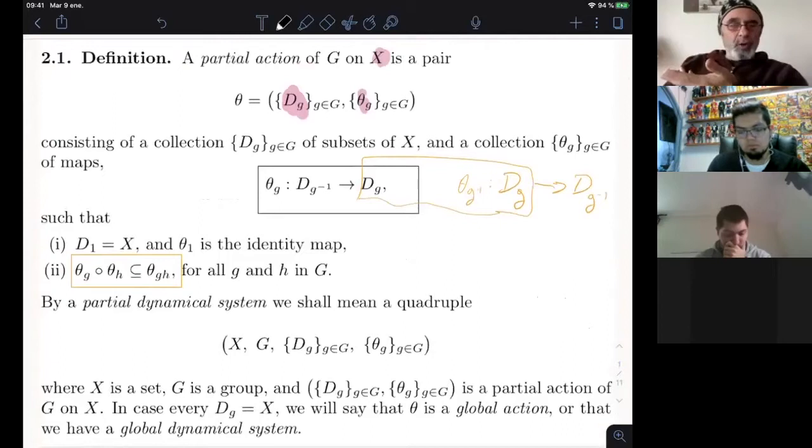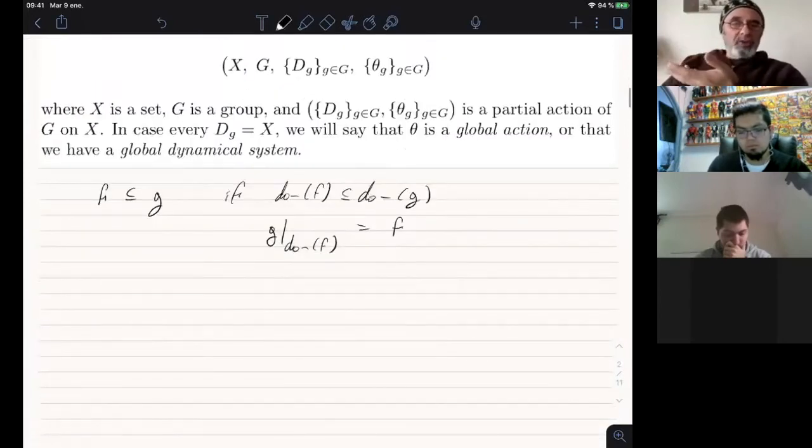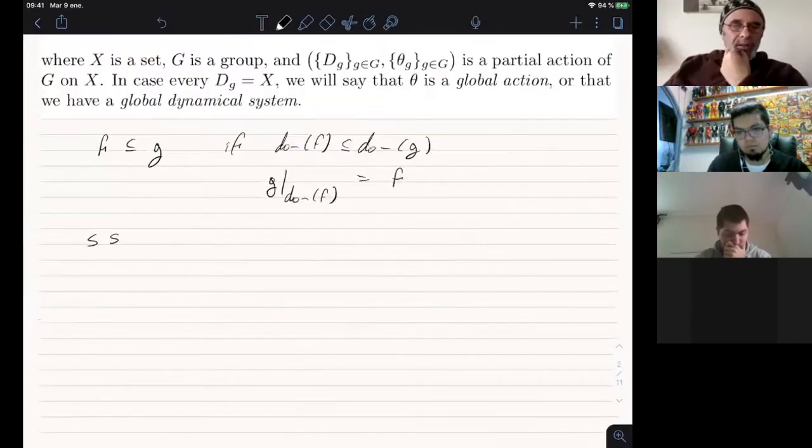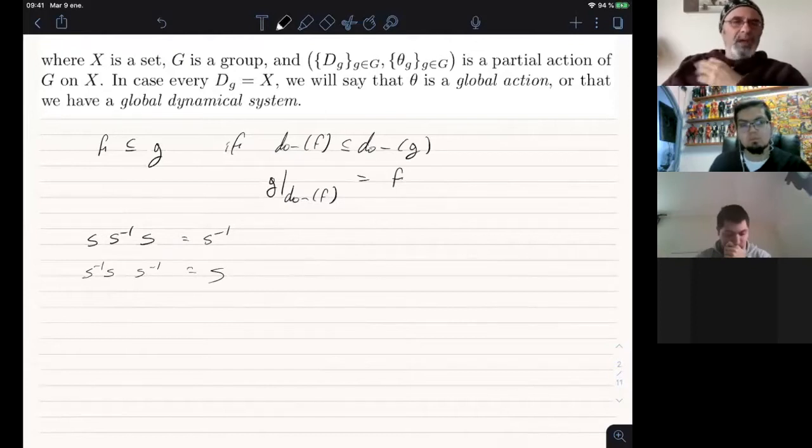An inverse semigroup is much more general than a group. We remember this. Some properties like this, and a similar one for changing F into S minus 1. And we asked the unicity of this one.